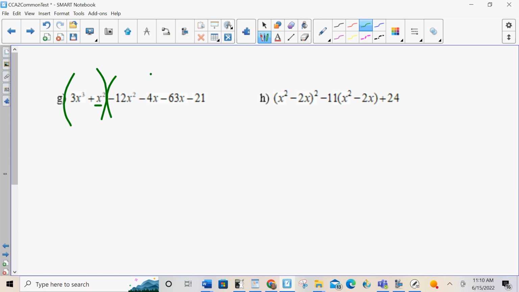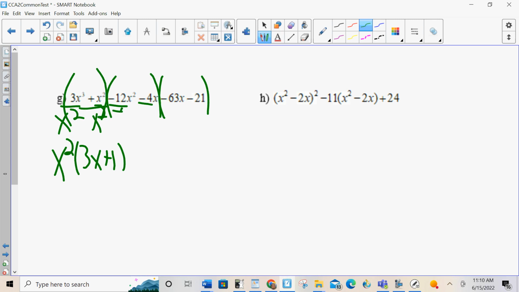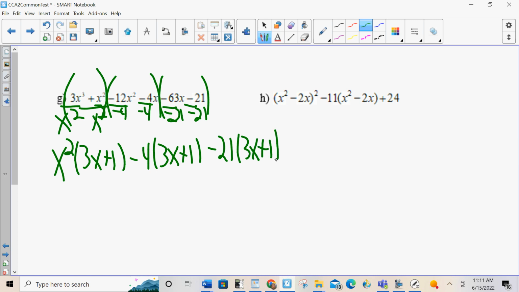If the first group has 2 terms, then they all have 2 terms. I take out the GCF for the first group, x squared, 3x plus 1. The GCF for the second group, because there's a minus in front, I pull a negative out, negative 4. Minus 21, 3x plus 1. These must match.